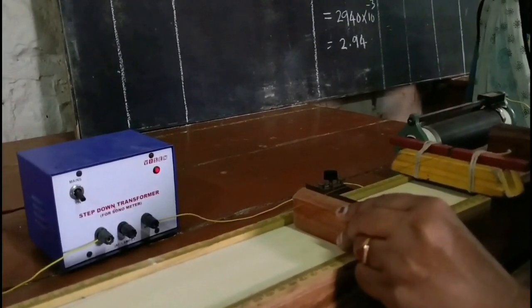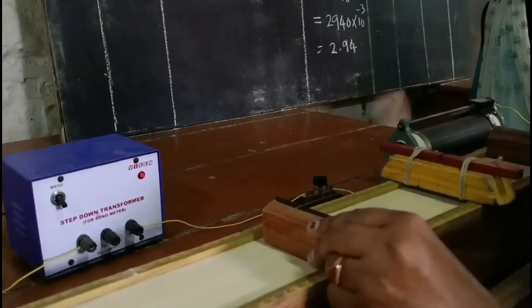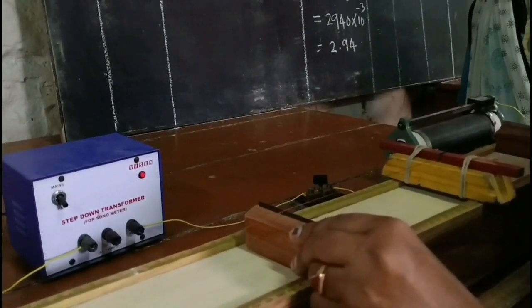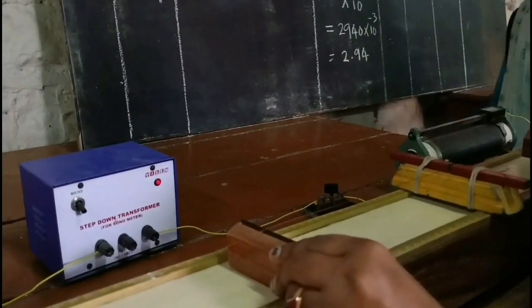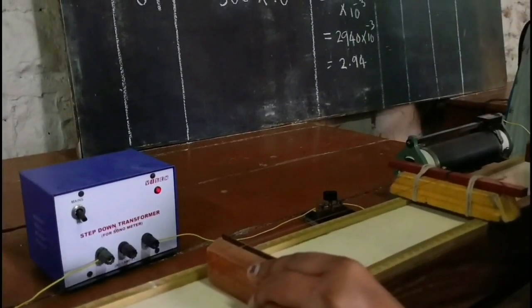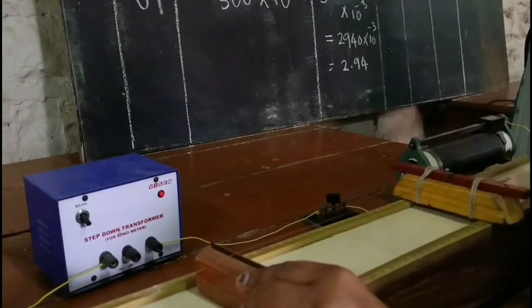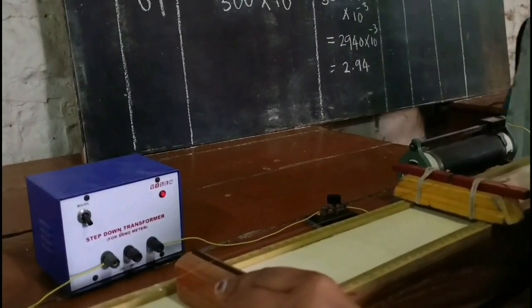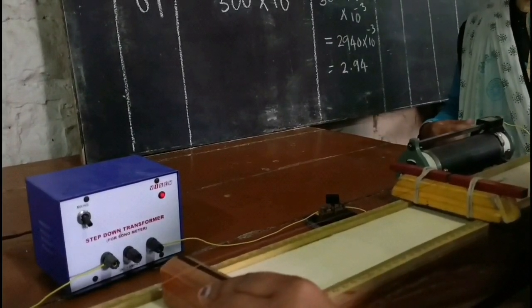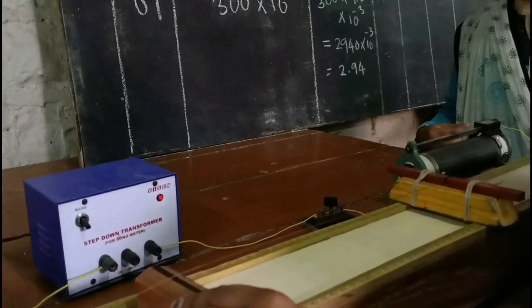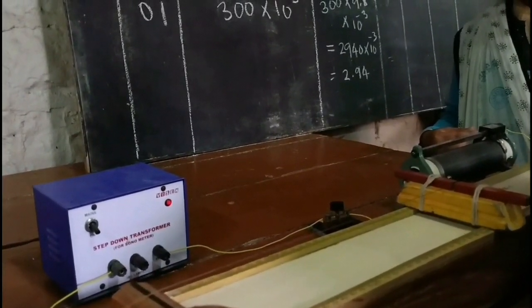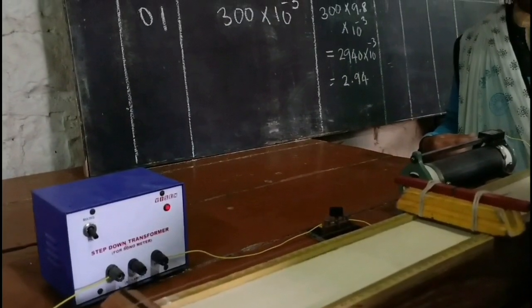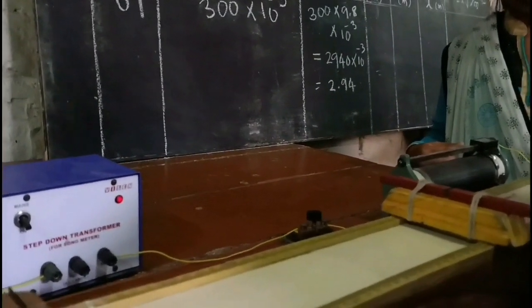So I am moving the two bridges slowly. We have to move till the wire vibrates with maximum amplitude. See here, it starts vibrating with the maximum amplitude.